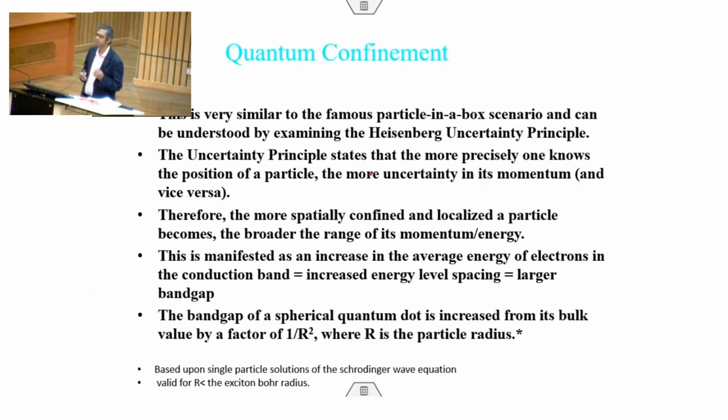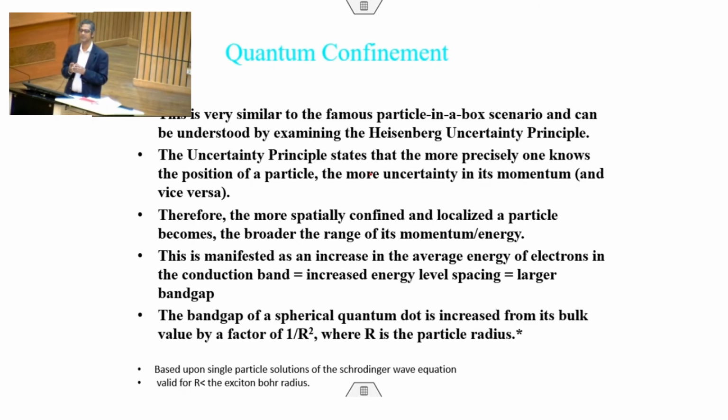Therefore, the more tightly confined and localized a particle becomes, the broader will be the range of its momentum or energy. So, the moment the spatial dimensions x, y, z are confined, smaller, fixed, the broader will be the range of its momentum or energy. That is the situation.